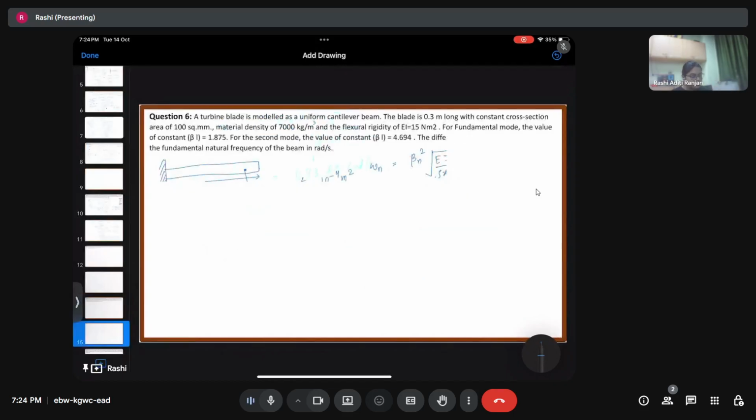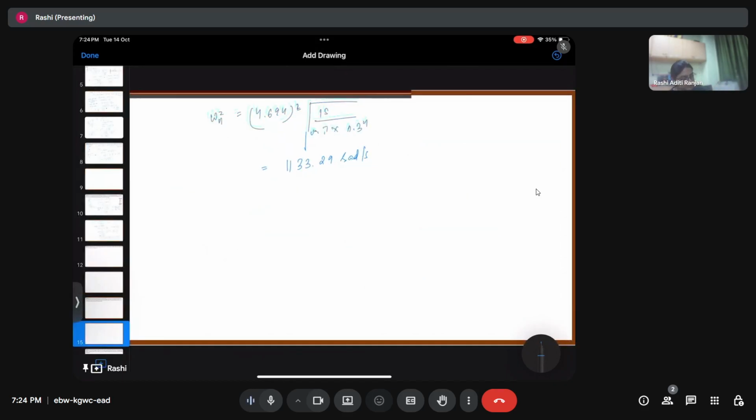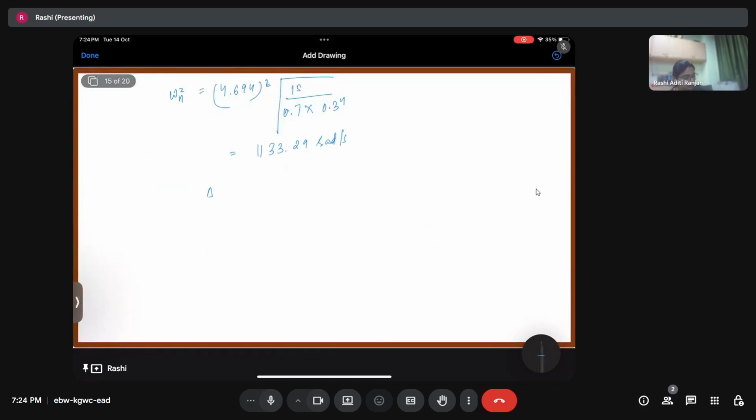And we need to find out the difference between the first and second natural frequencies, which is omega n2 minus omega n1.